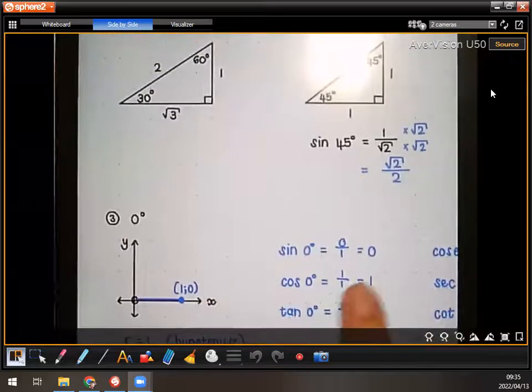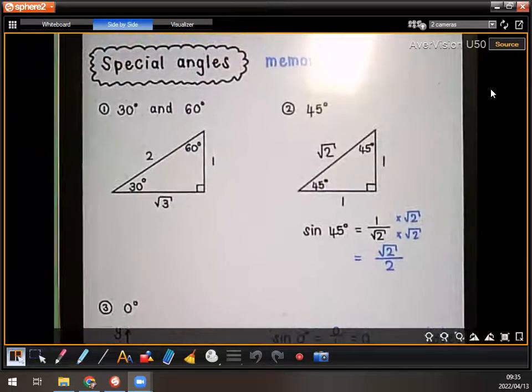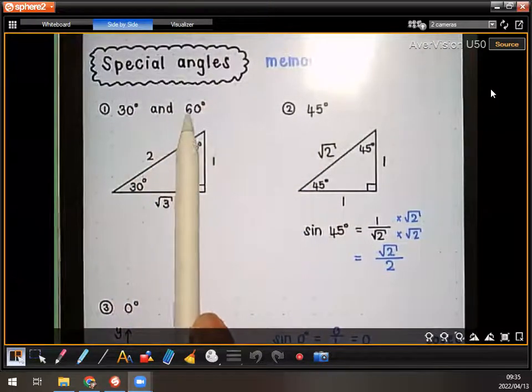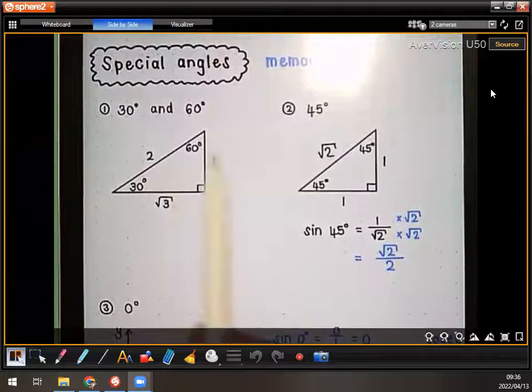Now guys, I just want to add a little note here. We did write down all of these values, but we can easily calculate them. We are going to do it now in the examples. Whenever they are asking you a question that includes a 30 or 60-degree angle, you are going to have to draw this triangle on the side. You actually get a mark for drawing this triangle.